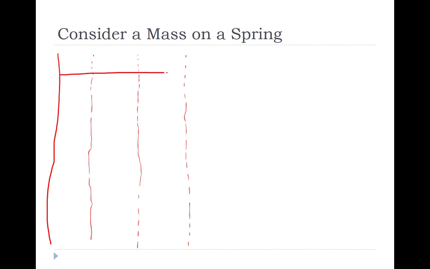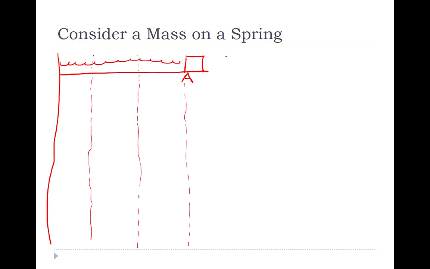So for the motion, I'm going to pull the block out to this line here. I drew that on the wrong spot, so we're going to try again. This is as far away from equilibrium as it's going to go, which means this line is the amplitude.